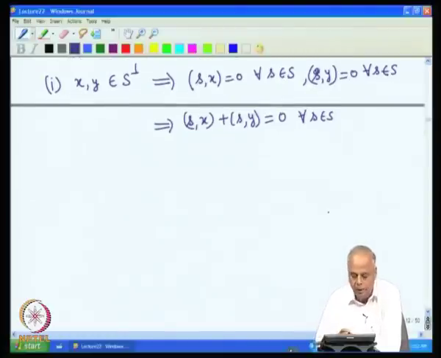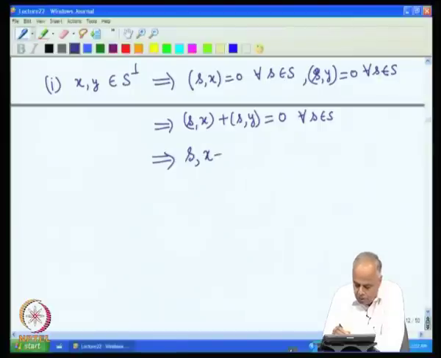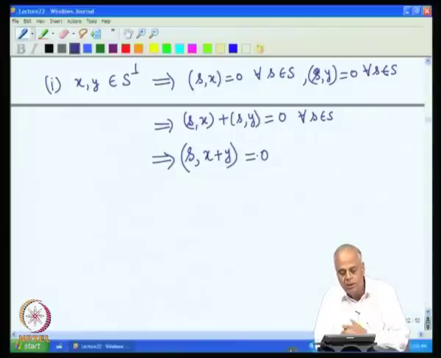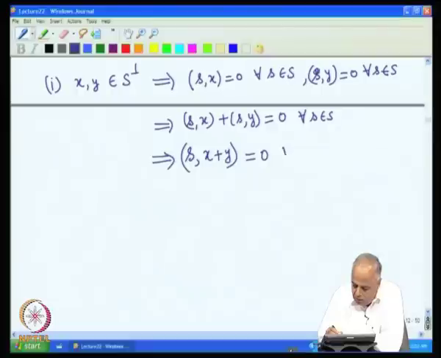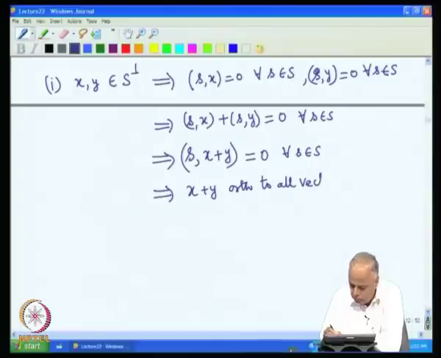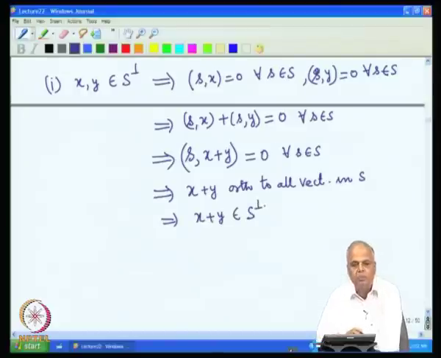Now, we know that the inner product is right distributive and left distributive. So, we can write this as the inner product of s and x plus y is 0, because s comma x plus y is s comma x plus s comma y. So, this is for every s. This says the vector x plus y is orthogonal to all vectors in S. That is exactly the meaning of the fact that x plus y belongs to S perp.